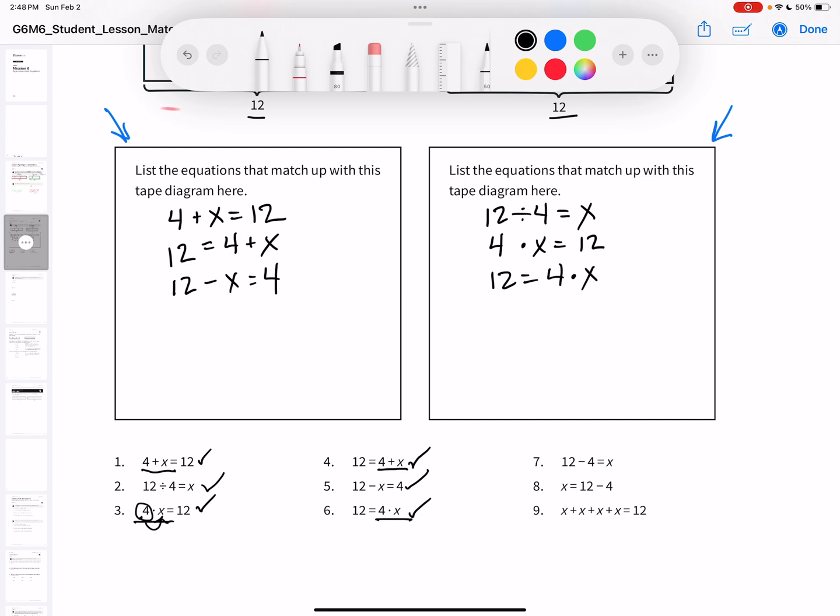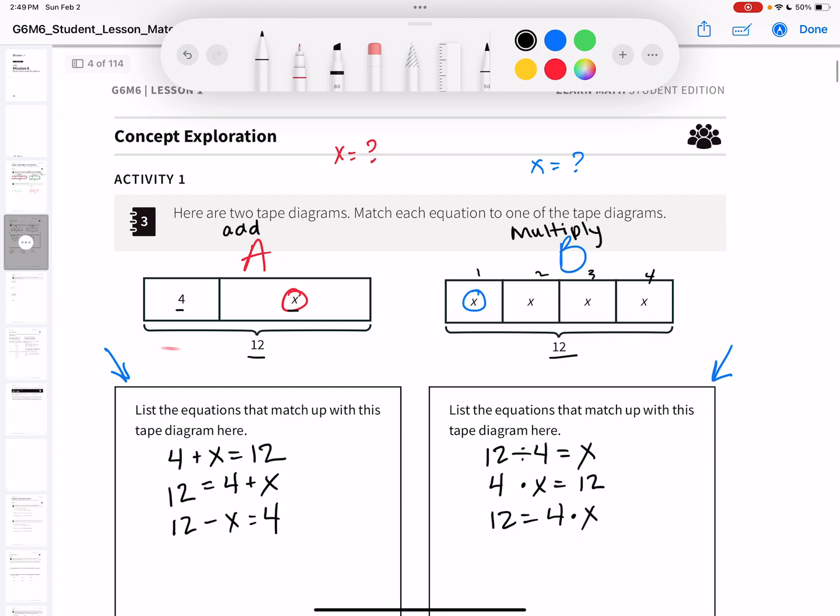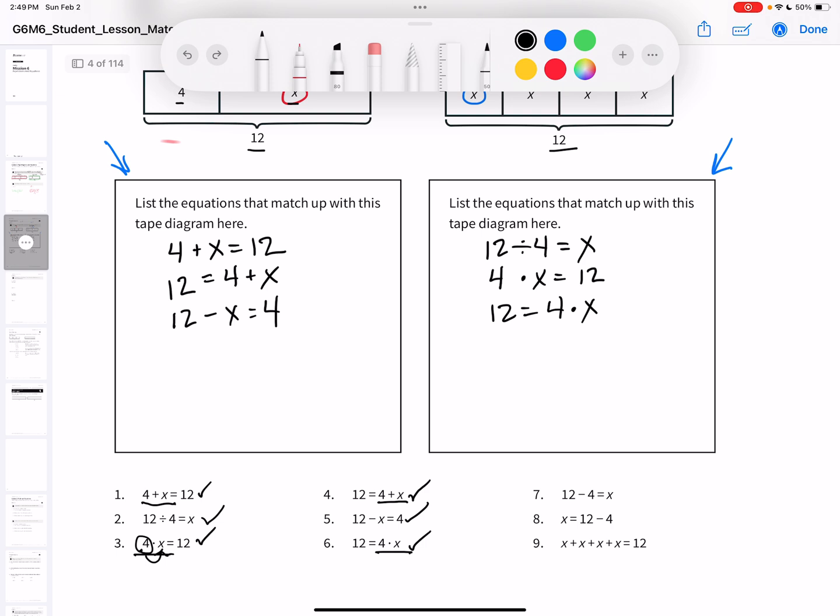12 minus 4 equals x. Well, let's look here. If I have 12 and I take away 4, does it leave me with x? Yes, it does. So 12 minus 4 equals x goes in diagram A. x equals 12 minus 4.